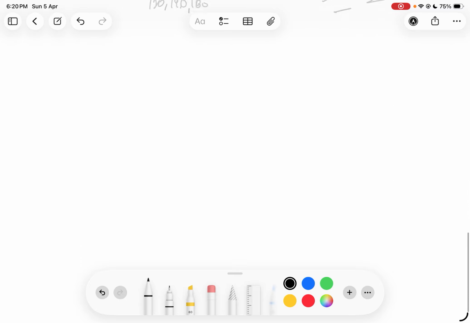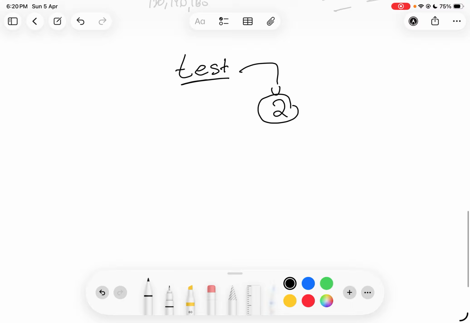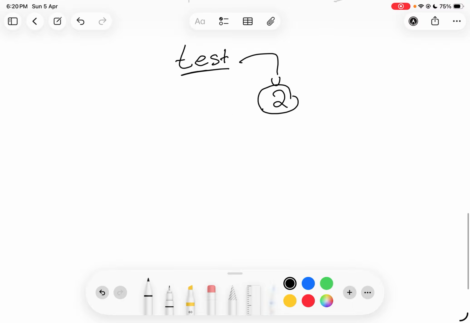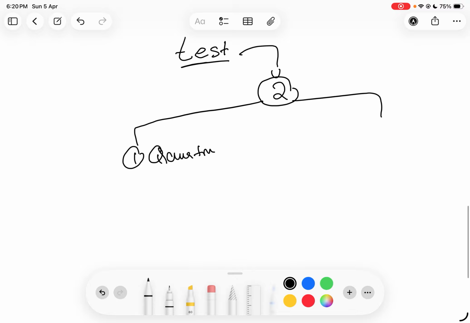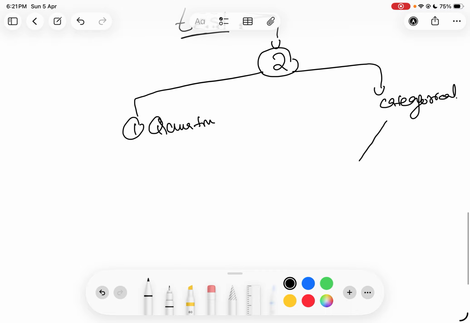So what does the t-test do? The t-test compares data in two types: one quantitative and one categorical, but this categorical should be in two different subgroups.